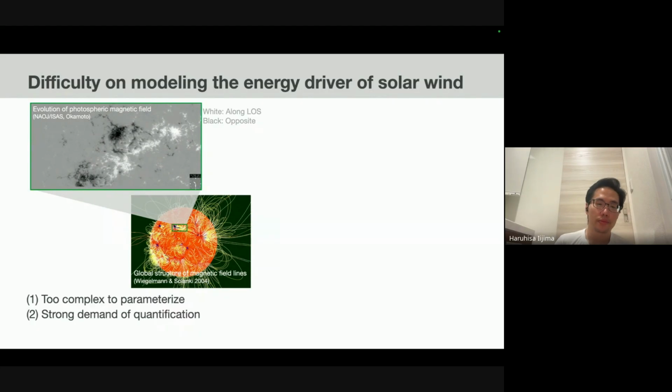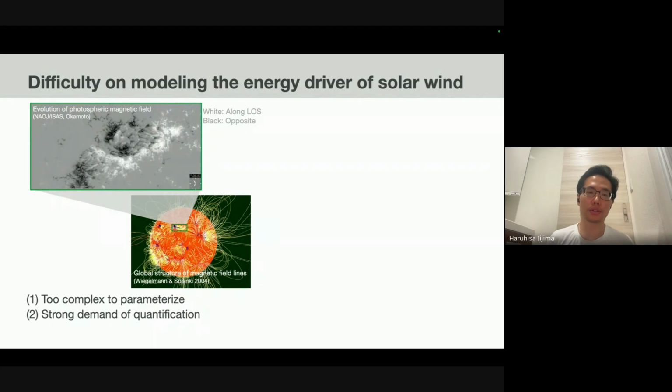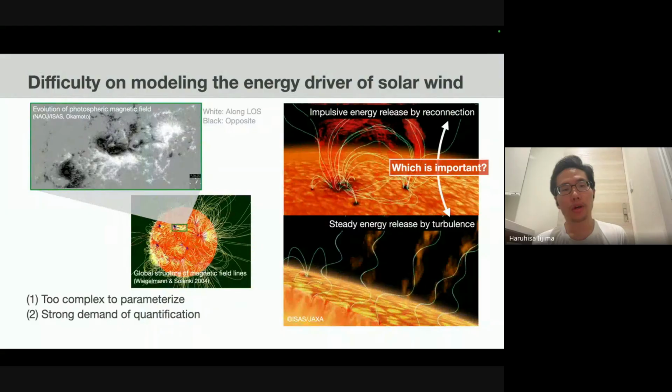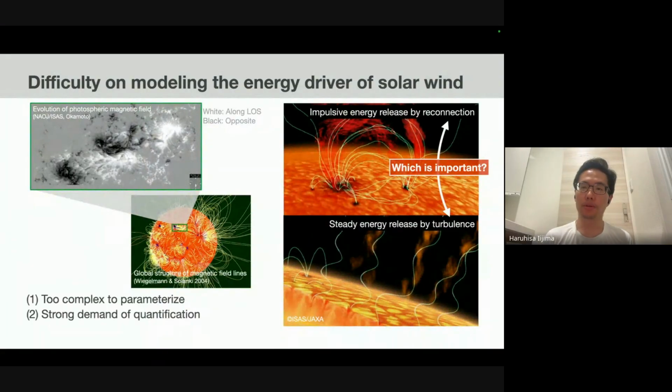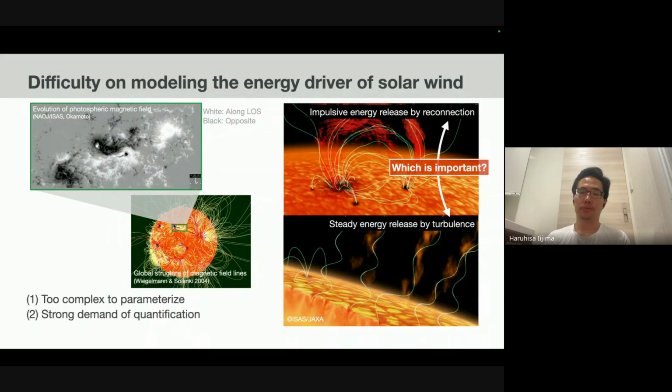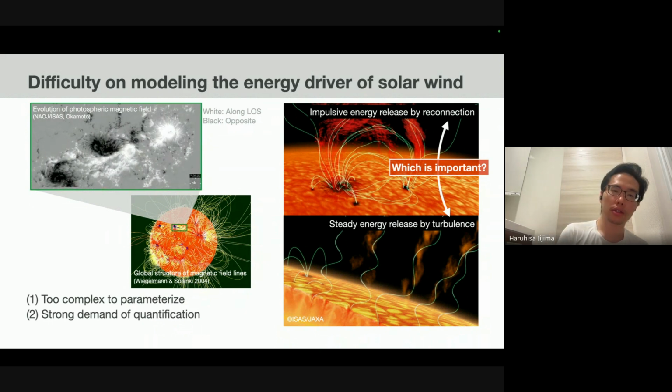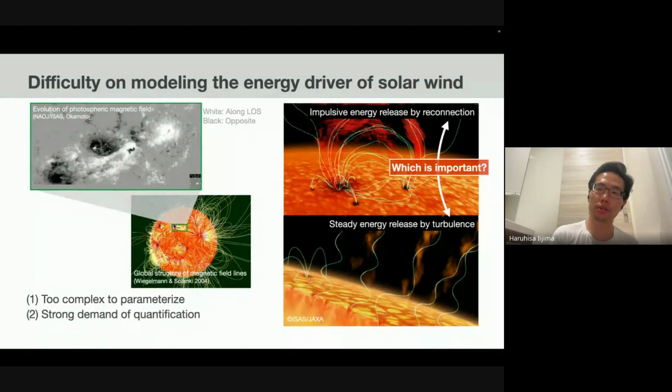But the problem of coronal heating and solar wind acceleration requires very high accuracy quantification. Quantification is very important because multiple processes have been suggested as the formation process of the solar wind or coronal heating.